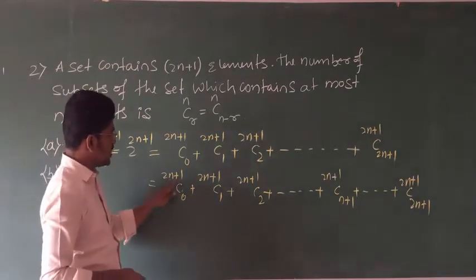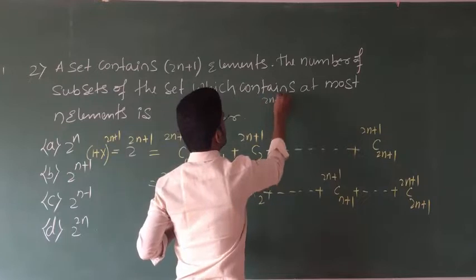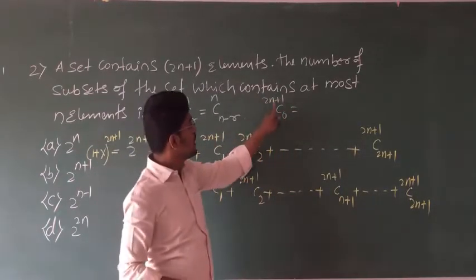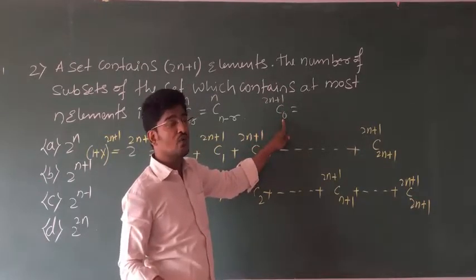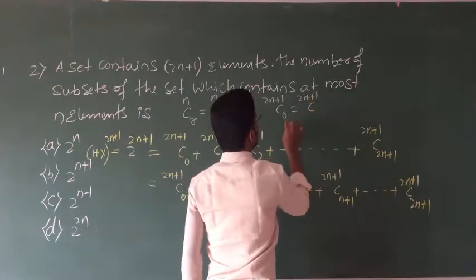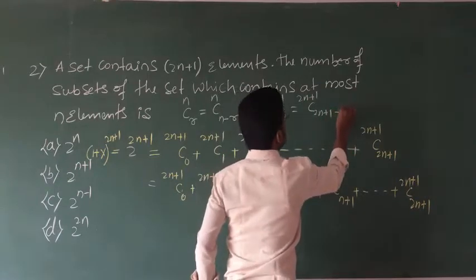Because see here, 2n plus 1 C0. If I apply this formula, 2n plus 1 C0 will be equal to what? 2n plus 1 C (2n plus 1 minus r). The r value is 0.